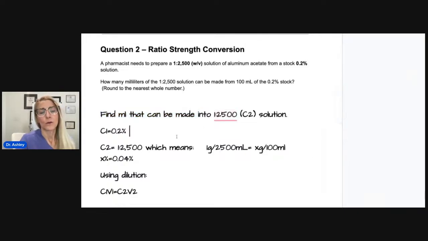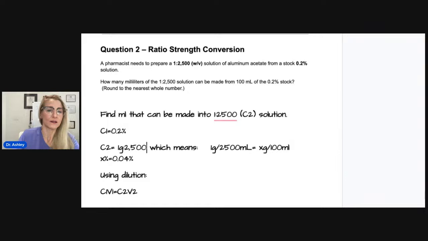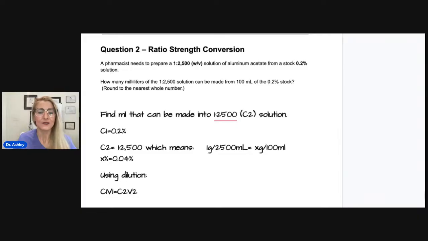Since we know that's what we're trying to find, C2, the final concentration, it means 1 gram over 2,500 mLs. So you can always just write a gram right here and an mL after it. It will work out. You can just use those units.